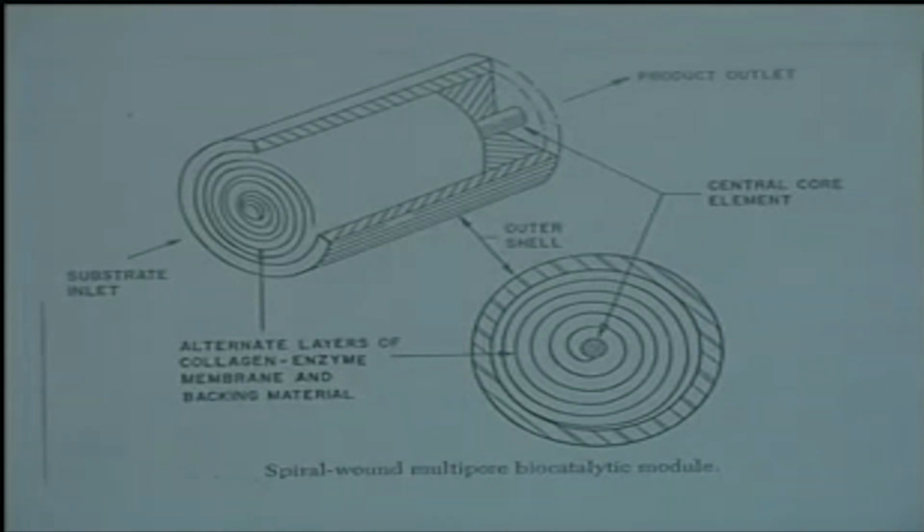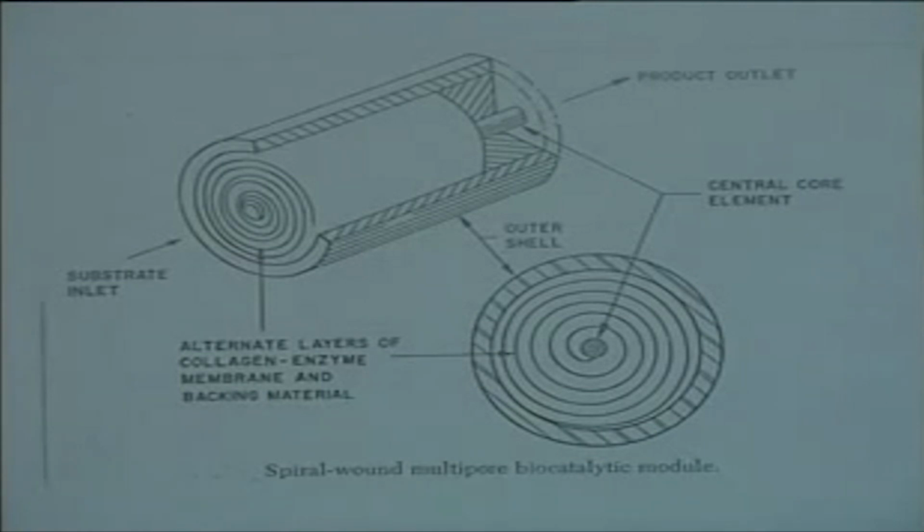This spiral bound module is then inserted into a column, whereby the substrate is fed from one of the ends and the reactor can be operated in a packed bed mode. But of course, again here the spiral bound module really operates closer to plug flow behavior, and not exactly as a plug flow reactor.